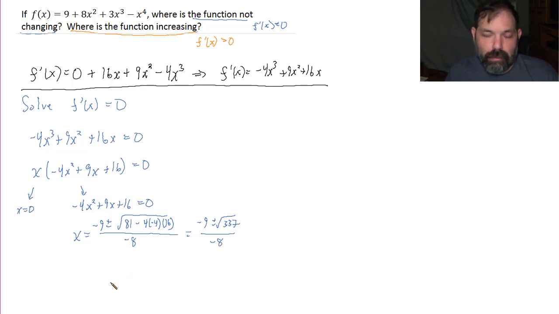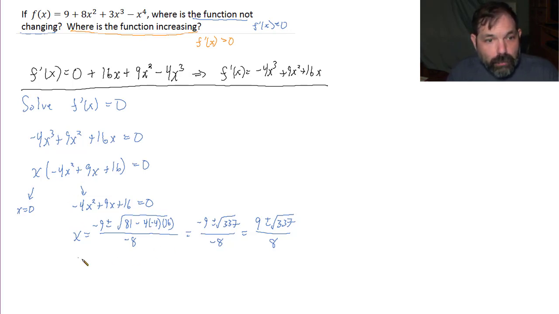Now, if you remember how these work, if both of the signs are negative here in the quadratic formula, negative 9 over negative 8, we can write that instead as 9 over 8. So that's 9 plus or minus the square root of 337 over 8. And if we wanted some approximations, let me do that real quick. 9 minus the square root of 337 divided by 8, and the positive root.